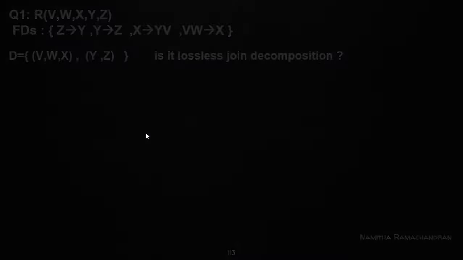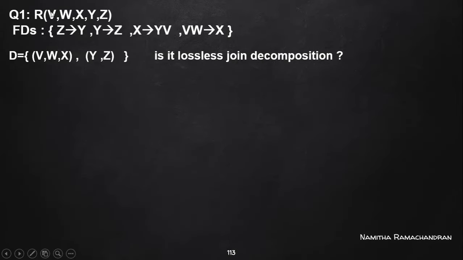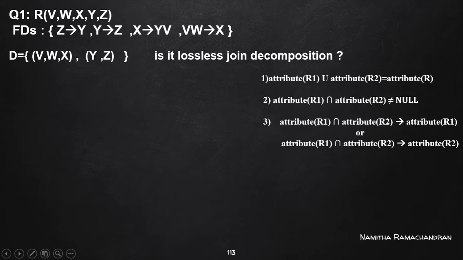Okay, consider one more example. The same relation with the same set of dependencies, and the decomposition is like this: two different decompositions, V, W, X, and the second one, Y and Z. The conditions are listed here.